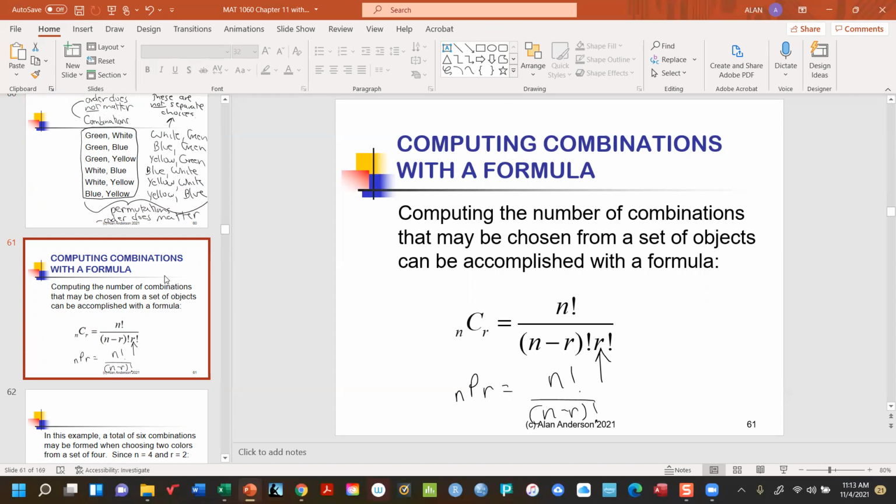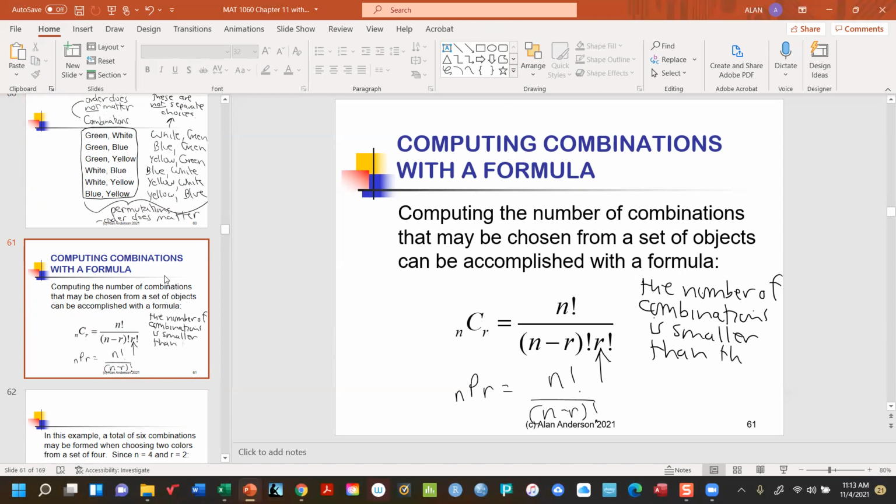And so because of this, the number of combinations is smaller than the number of permutations, just because we have to divide by that extra term in there.